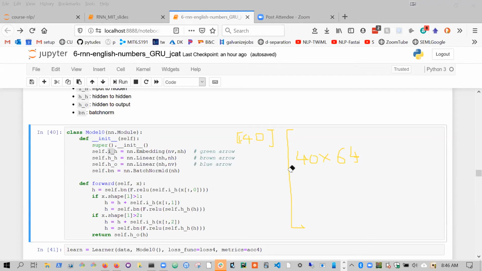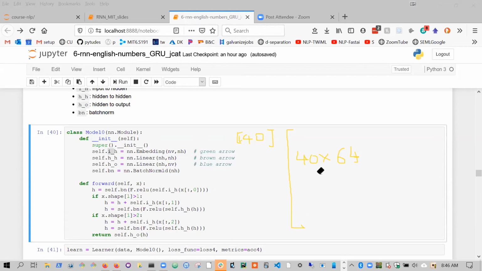And then when you take that 1 by 64 and multiply it by a 64 by 64, that's this next one, H to H, you can see that it's going to map it to another 1 by 64 vector. So that's when you're mapping the hidden state to the next hidden state. You want it to have the same dimension, 64, because that's what you specified as the hidden state.